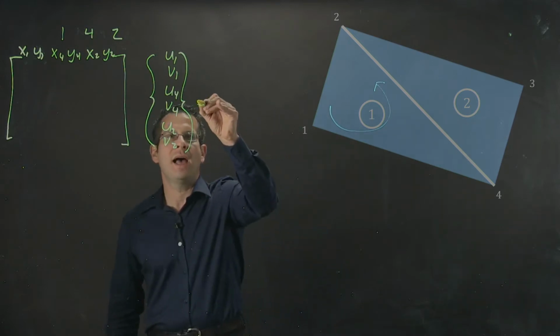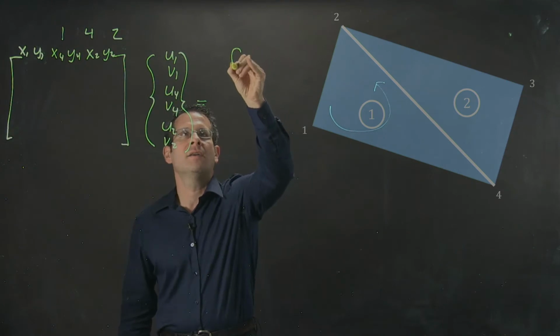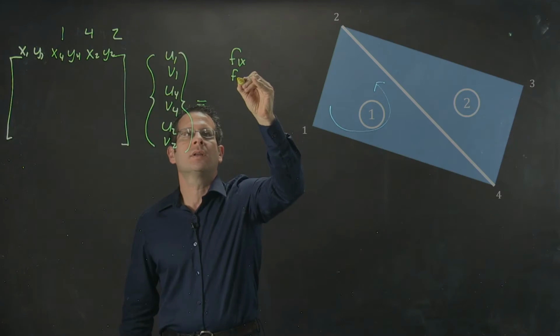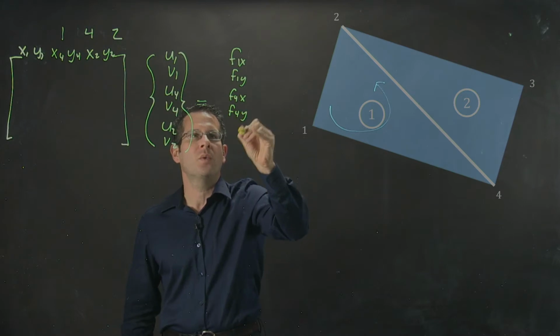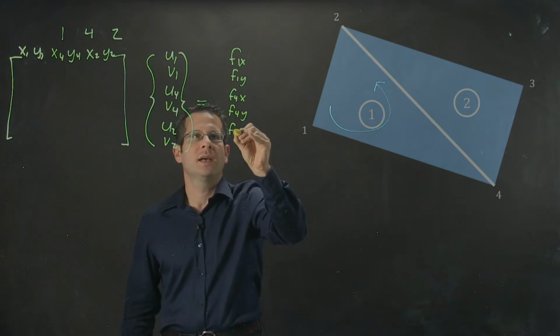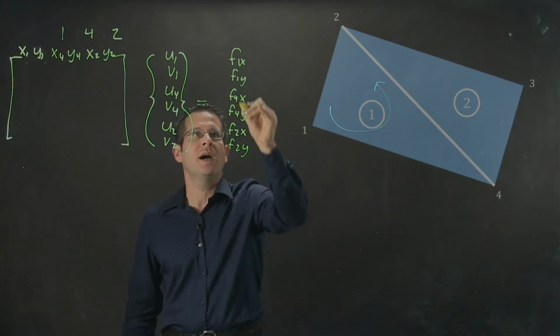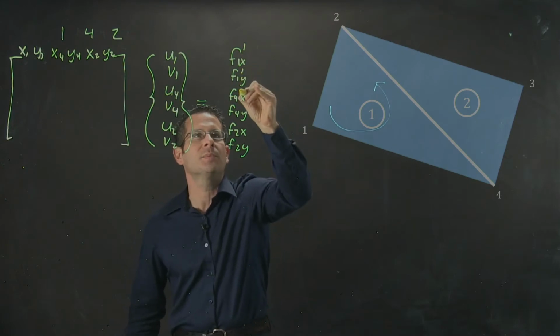So now I'll just get rid of the subscripts: I will have a force 1 in the x direction, a force 1 in the y direction, a force 4 in the x direction, a force 4 in the y direction, a force 2 in the x direction, and a force 2 in the y direction, each coming from element 1. I'll use that as a superscript.